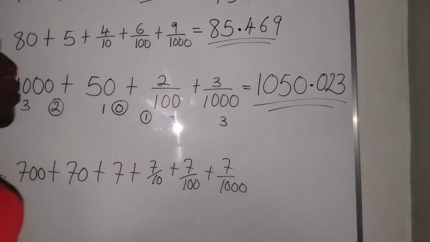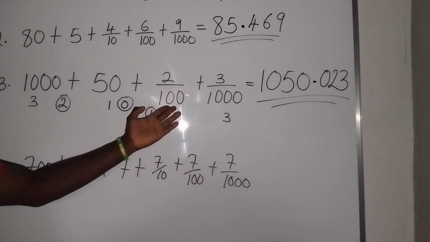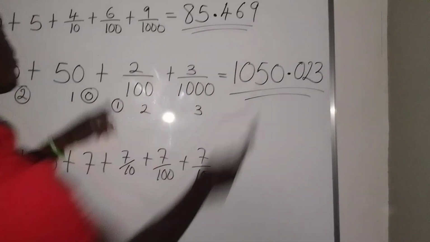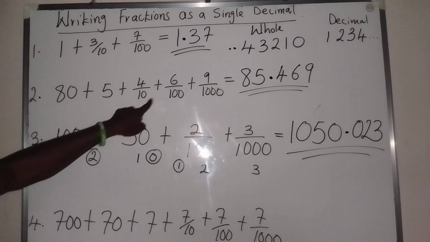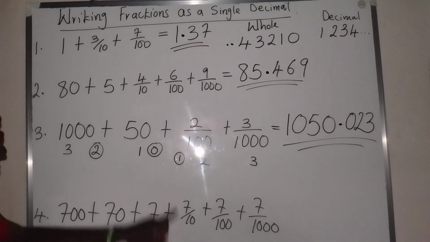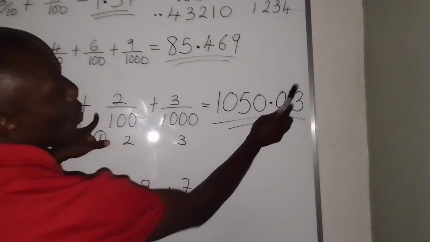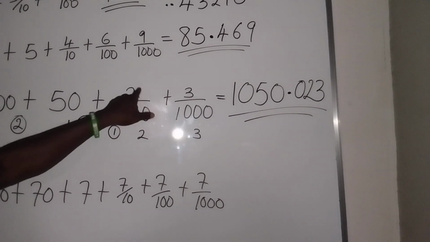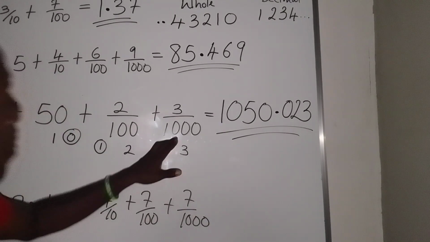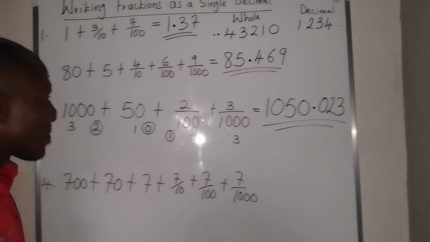Before we enter the fraction form, we put our decimal point. For the decimal part, we're supposed to start with a number with 1 zero, just like in the example we have here, number 2, where they started with 1 zero, 2 zeros, 3 zeros. But they skip that part. What happens to it? After the decimal point, we write 0 because they skip it. A number with 2 zeros, we have it, so we pick these 2. And a number with 3 zeros, we have the numerator, we pick it. So this is our answer.